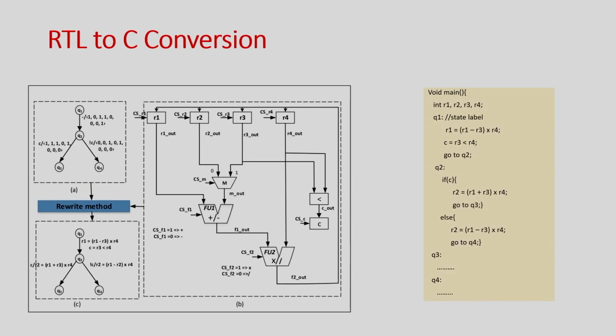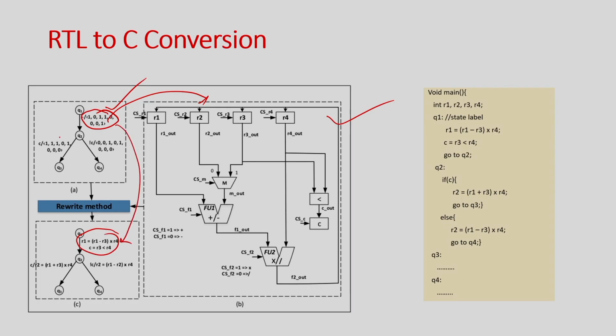Okay. So, this RTL to C conversion I have already discussed in the last class; you have this controller FSM. Just to recap, you have the data path. In each state, whatever the control assignment, I will analyze the circuit, and I will identify which operations are happening because of these control signal values. So, I will replace this by this.